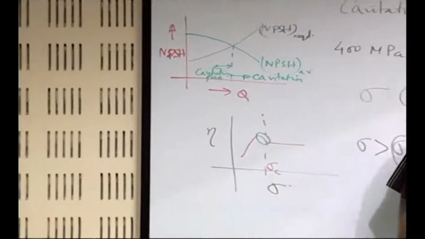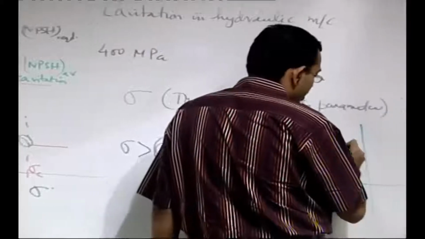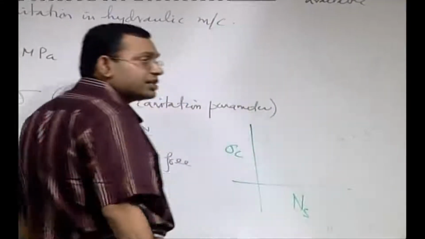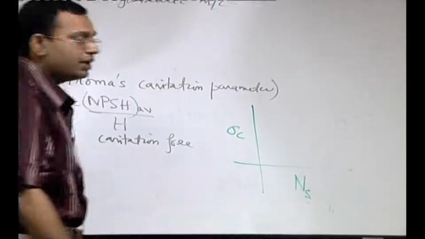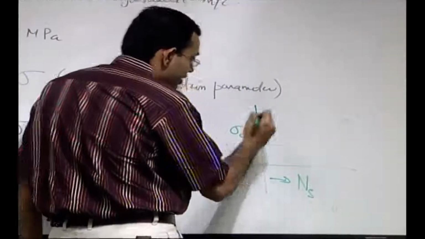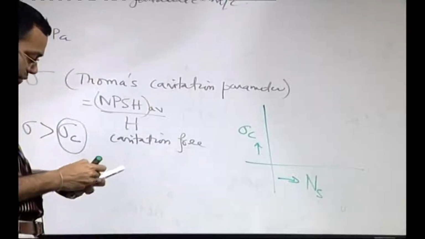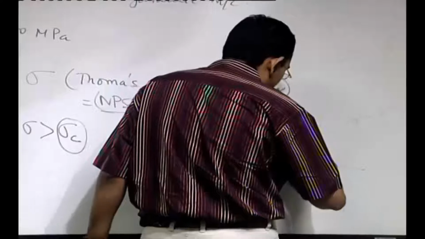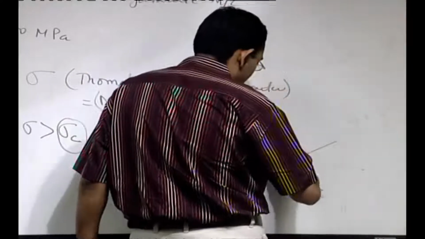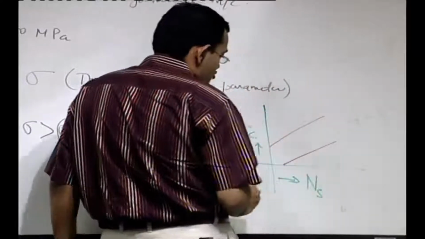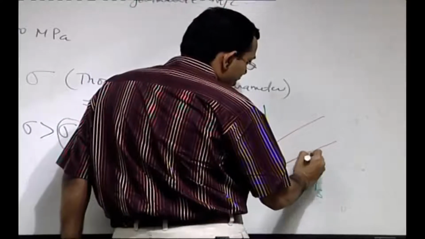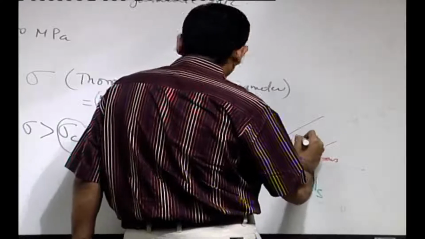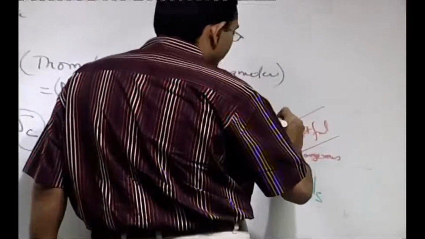All these results one may also plot in terms of sigma c versus the specific speed, because one may relate sigma with the specific speed. Typically this graph is divided into 3 regions. One is a dangerous region, this is a sort of doubtful region, and this is a sort of safe region.